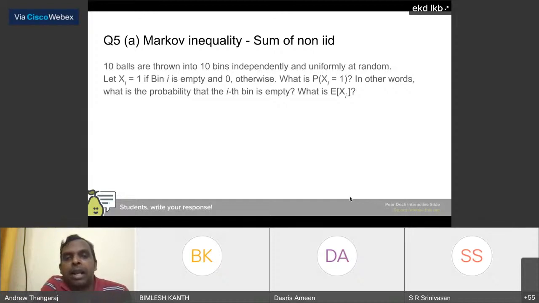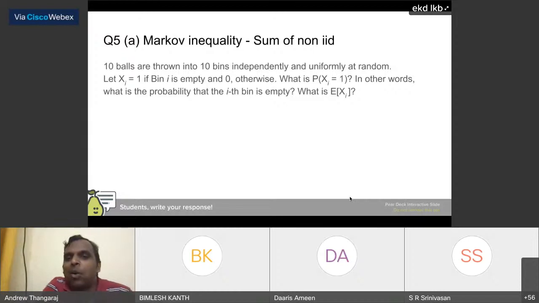I look at one bin and ask whether bin 1 is empty or not after all the 10 balls have been thrown. So the question is, what is the probability that x_i equals 1? And what is the expected value of x_i?